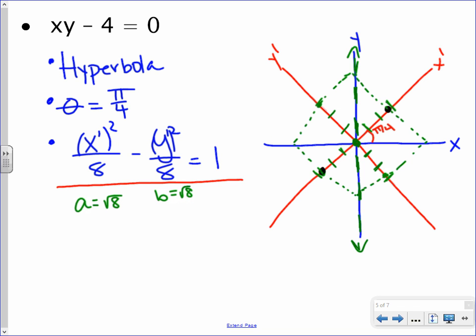In this case, our asymptotes do go through the corners on the real x and y axis. And then our hyperbola would look like this. Now, is that something that we've graphed before? Look at just the black.